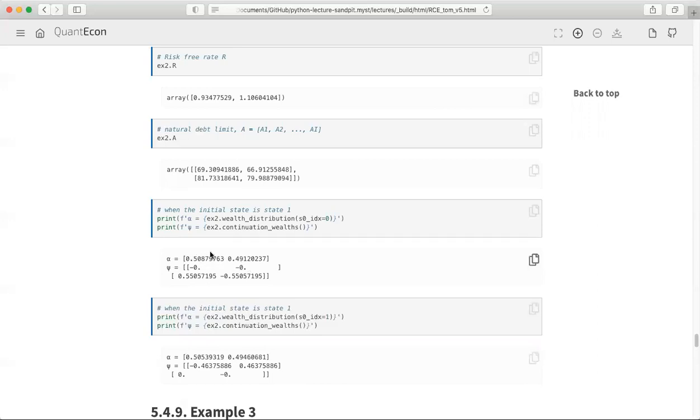The way this works now is person 1, look at this, person 1 always gets more than person 2. And this is true even if you start in the other state. That's kind of interesting. So if you start in a second state, when person 2 actually has more time 0 endowment, nevertheless, person 1 ends up in the competitive equilibrium consuming more.